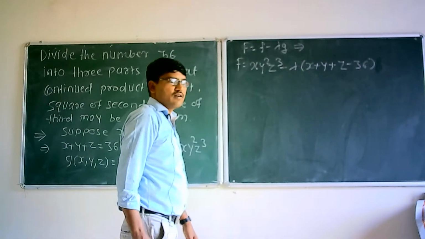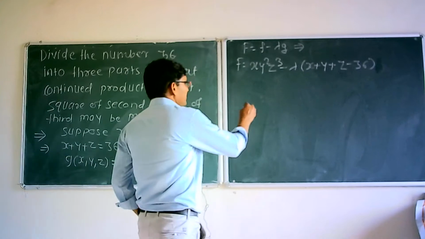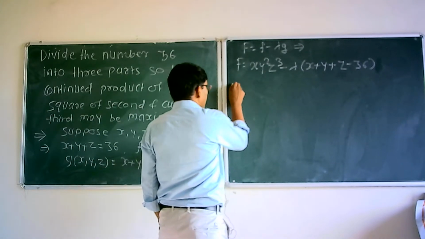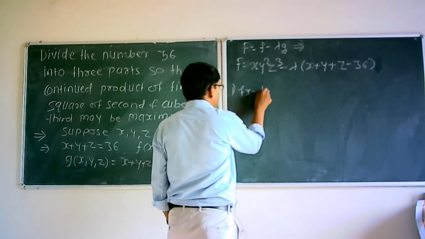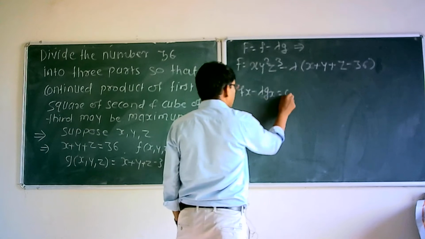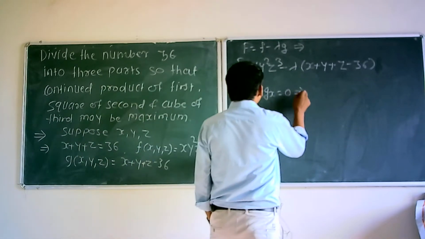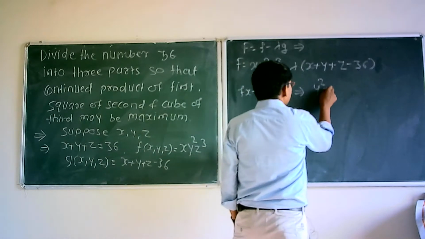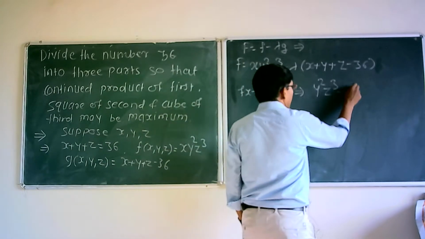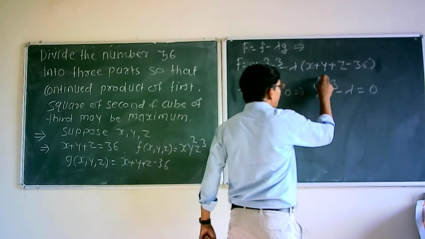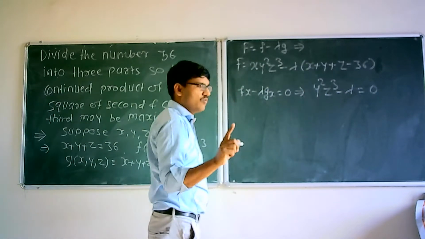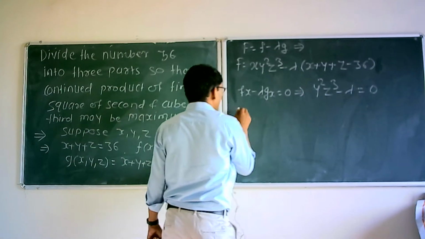Now to find a critical point, consider the first equation: f of x minus lambda g of x is equal to 0. This implies y square z cube minus lambda is equal to 0. The partial derivative of g with respect to x is 1.